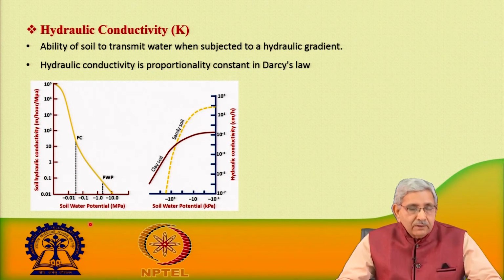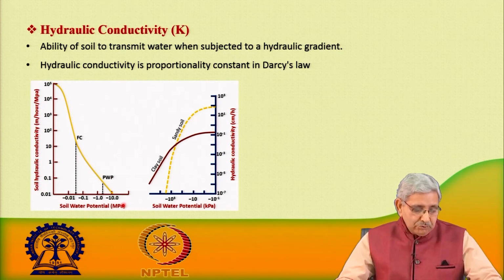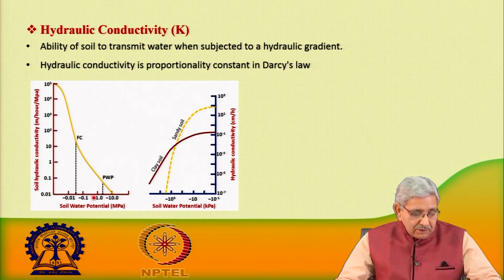This diagram shows how hydraulic conductivity changes with respect to different types of soil and soil water potential. I am putting the soil water potential in the negative sense, meaning negative pressure.